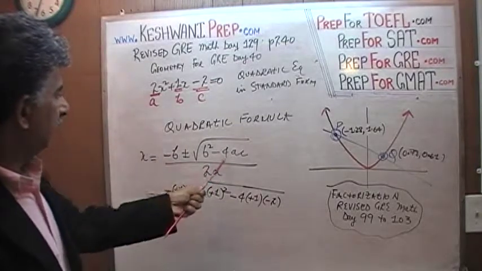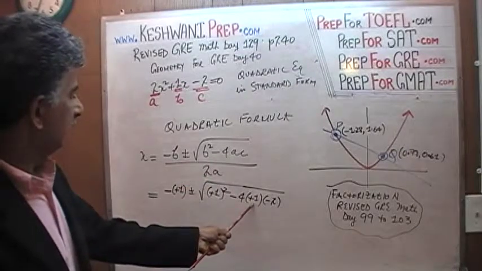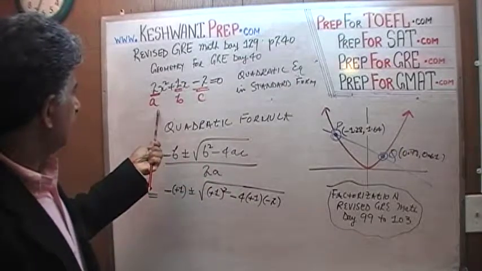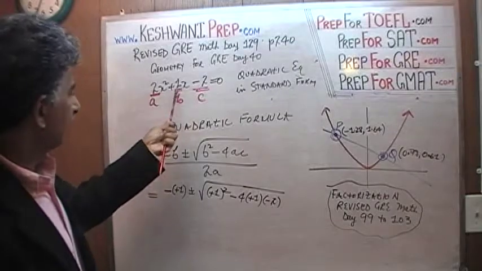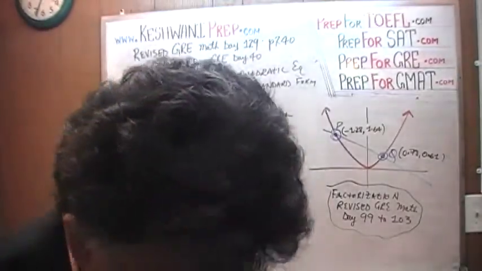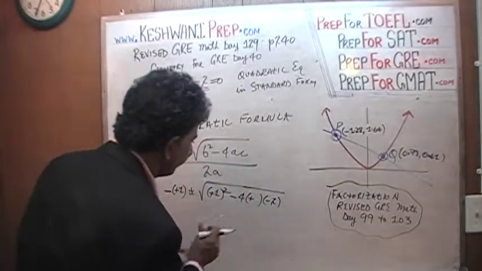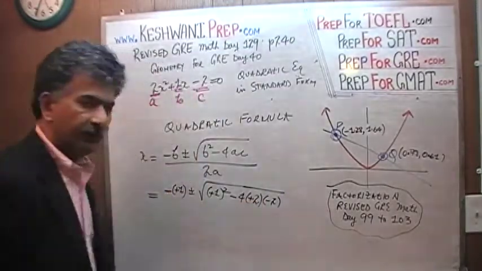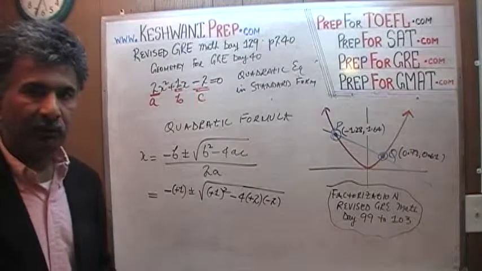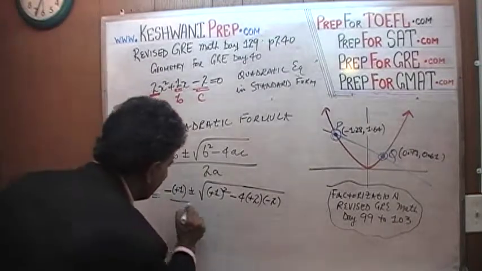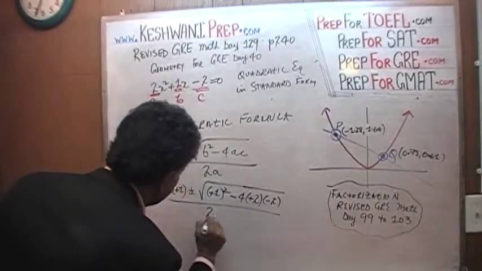A is not positive 1. A is positive 2. See, I wasn't paying attention. Right here it says a equals positive 2. I just realized that I wasn't getting what they show in the book. Over 2 times a, which is 2 times 2.